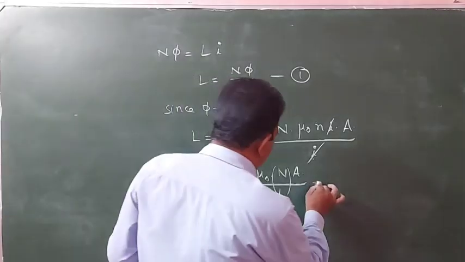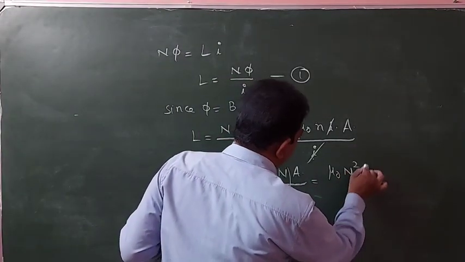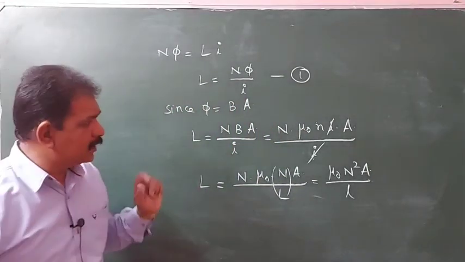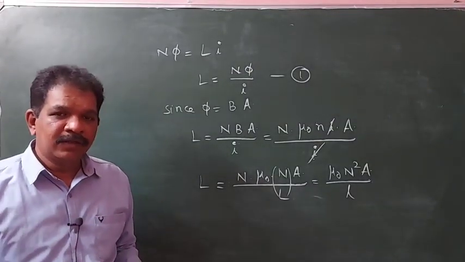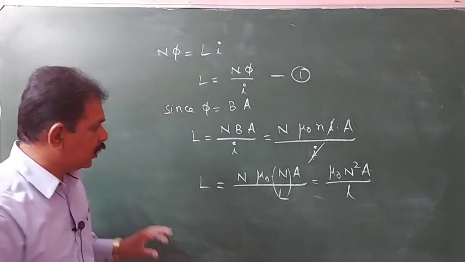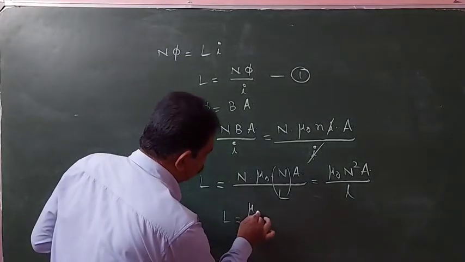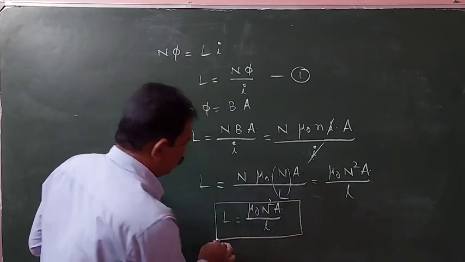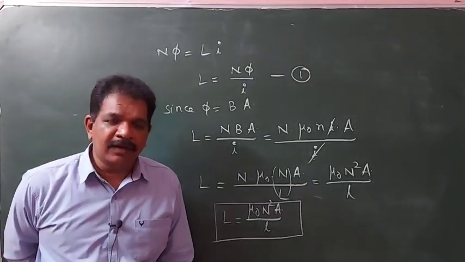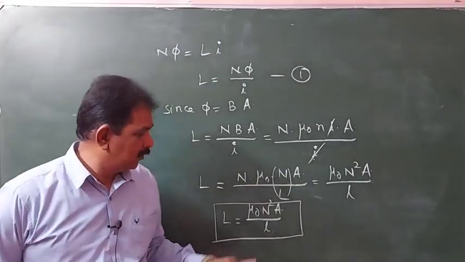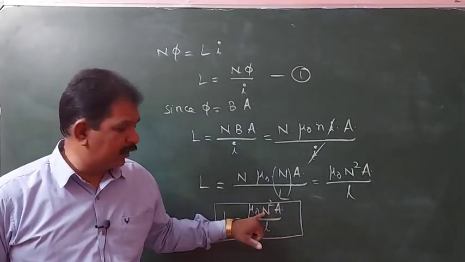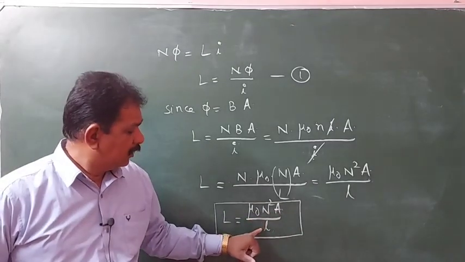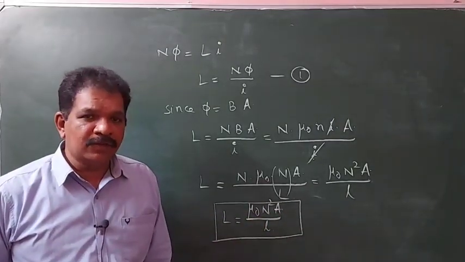So how much will this value be? Mu naught N square A by L. So the formula for self-inductance of a solenoid is L is equal to mu naught N square A by L. What is capital L here? Self-inductance. Capital N is the number of turns, A is the area of cross section, and l is the length of the solenoid.